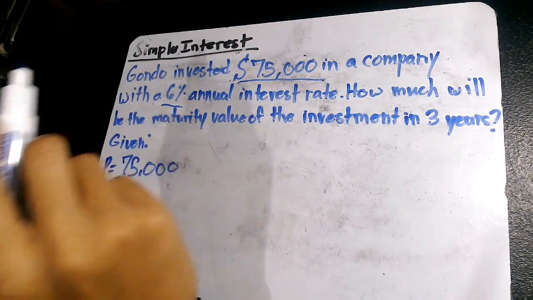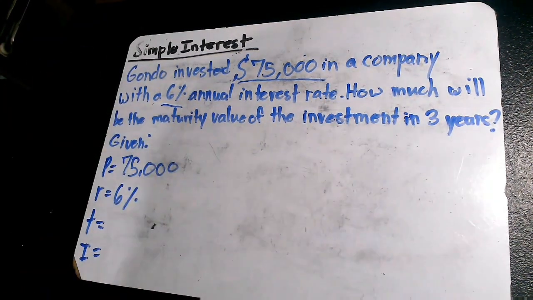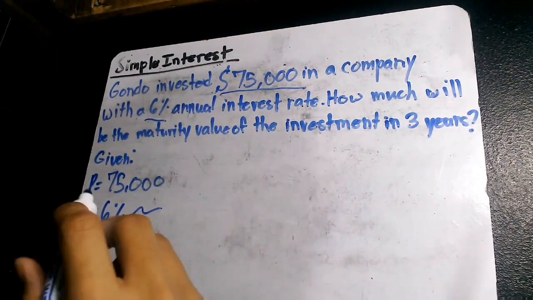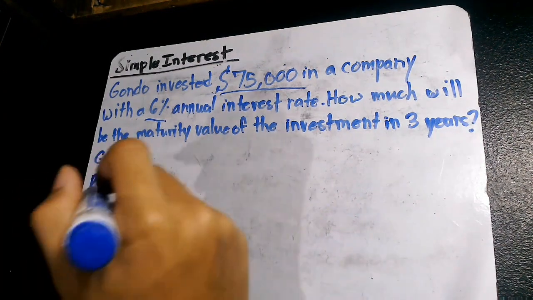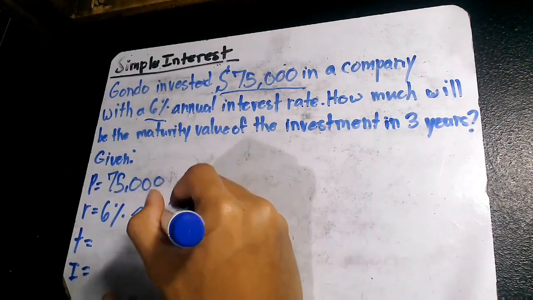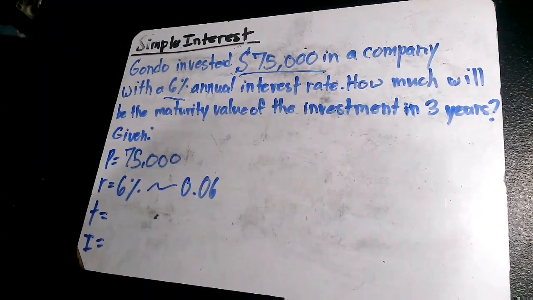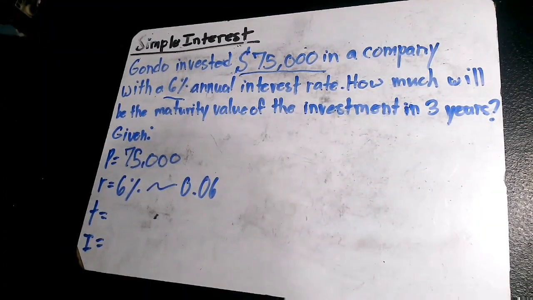And after locating the rate, we would always need to divide it by 100 to get the decimal value. 6% divided by 100 is equal to 0.06.